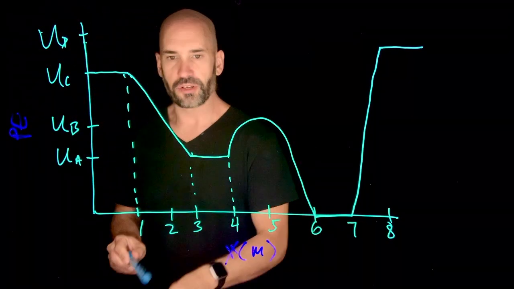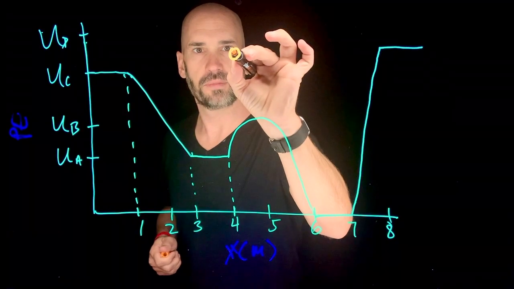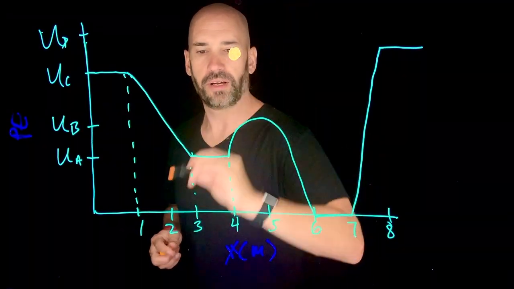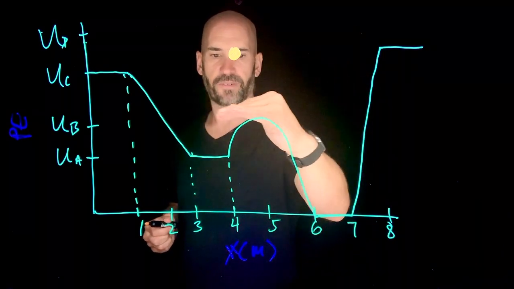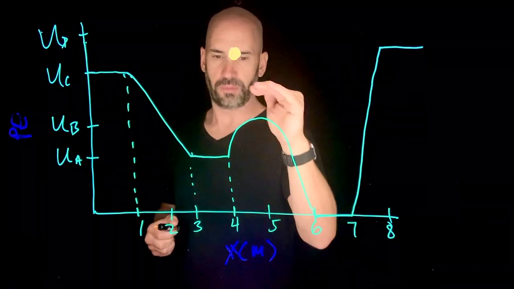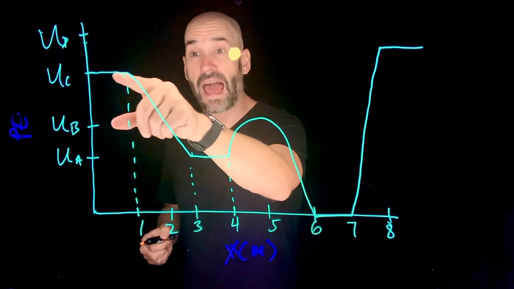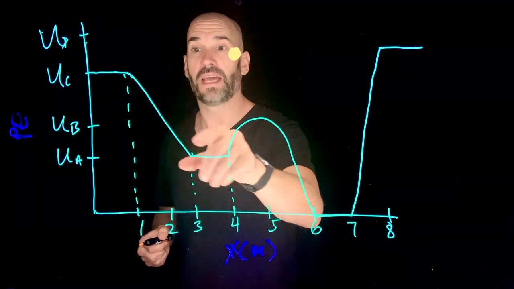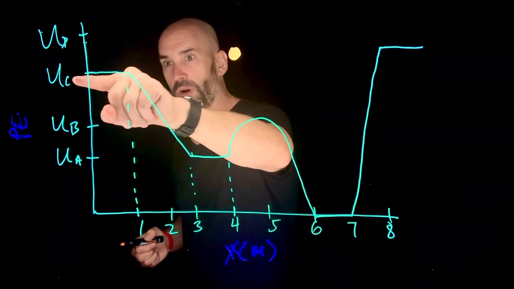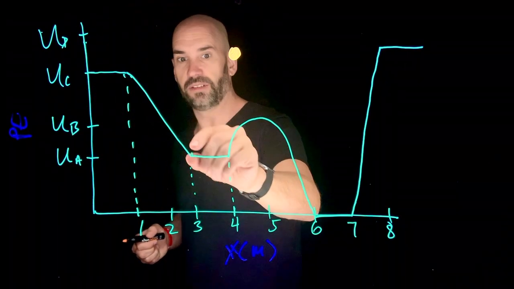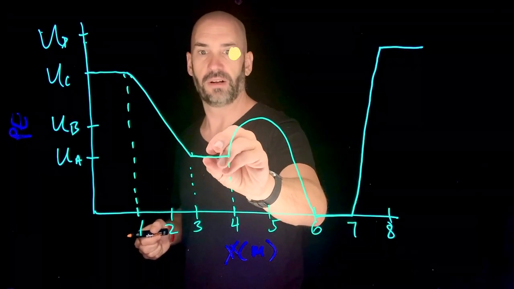All right? So all this is saying is that if I have some kind of object, let's say just a ball, right? And I move it in space, it's going to have different amounts of potential energy at different points, right? This could be as literal as actually hills in a landscape, right? Like, if you have a ball that's at the top of a hill, it's going to have more potential energy, and if it rolls down the hill into this point here, it's going to have more kinetic energy, less potential energy, right?